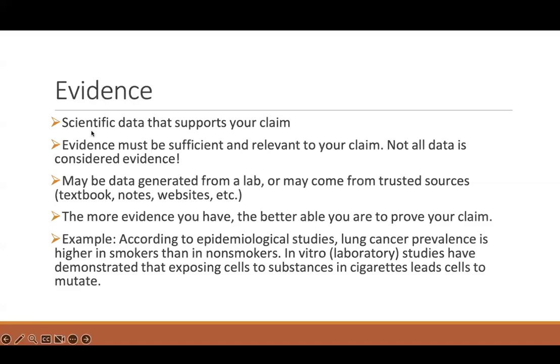Next, you'll use your scientific data to support that claim. All right. So now you are going to go to the data collected in your experiment and cite that as supporting the claim that you're making.